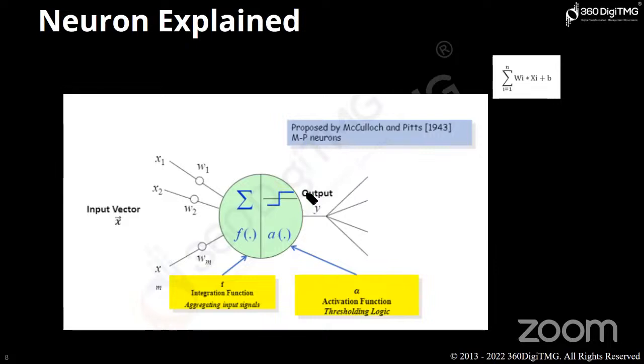This formula is written over here: weight i times x of i plus constant b. So you're taking the summation over the number of neurons you have. And then you have an activation function. These activation functions decide if you want to activate the neuron or not.